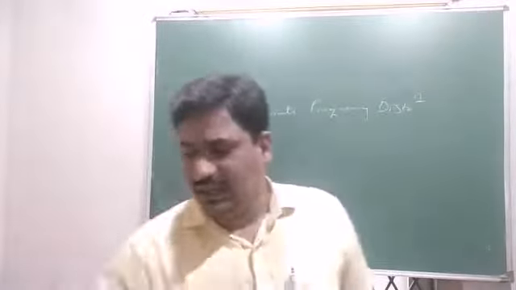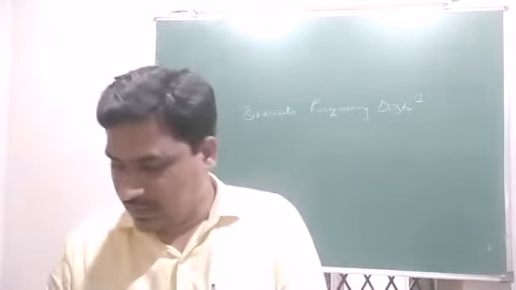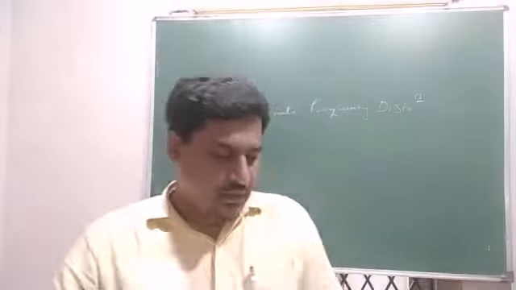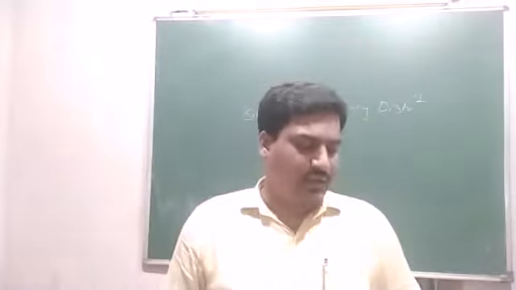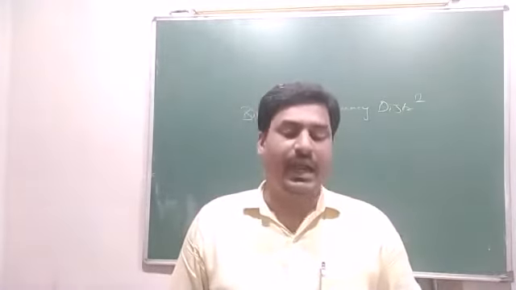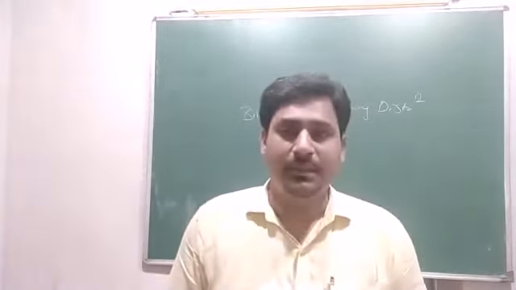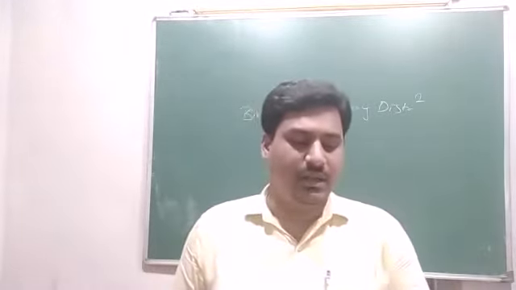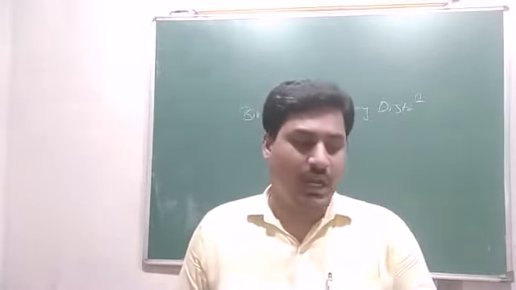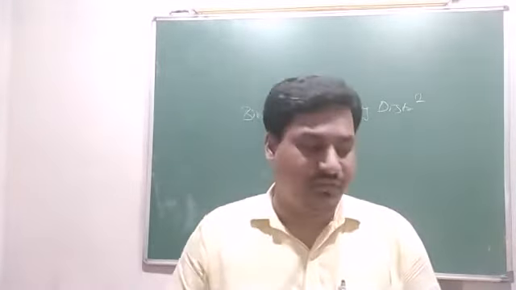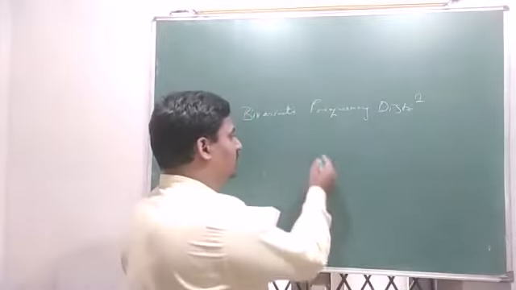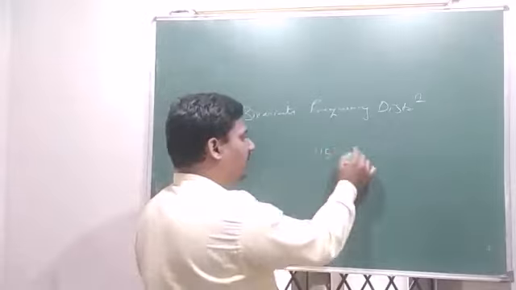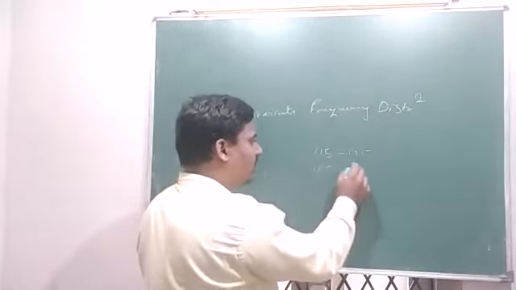From page number 43, I am taking example 2. The data given below relates to the height and weight of 20 persons. Construct a bivariate frequency table with class intervals for height as 115 to 125, 125 to 135.